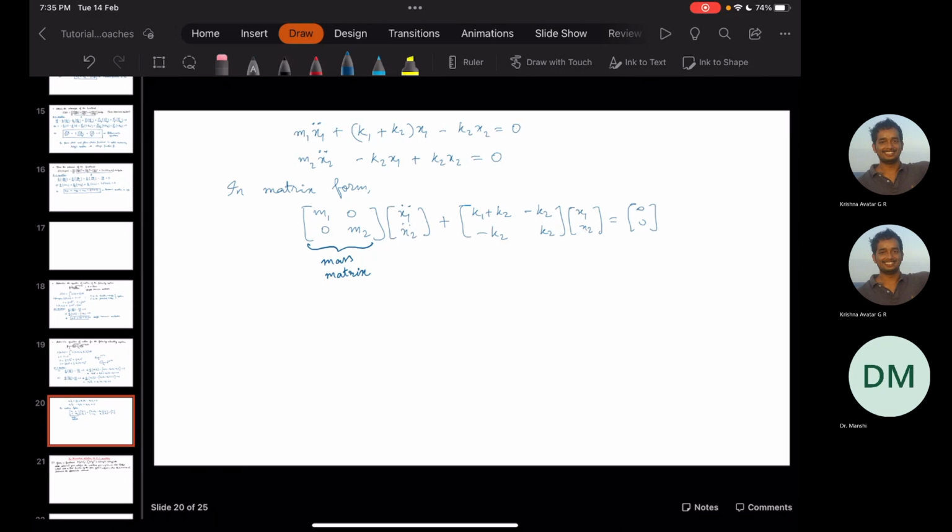And there is our acceleration vector, and this is our stiffness matrix. Fine. And this is our displacement vector, and this is our acceleration vector. Fine.